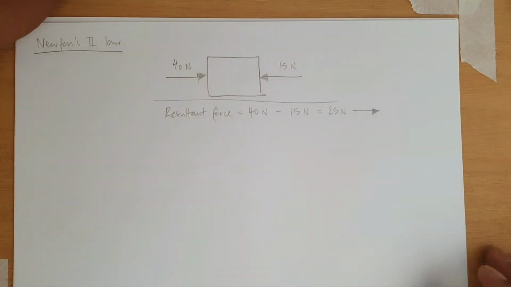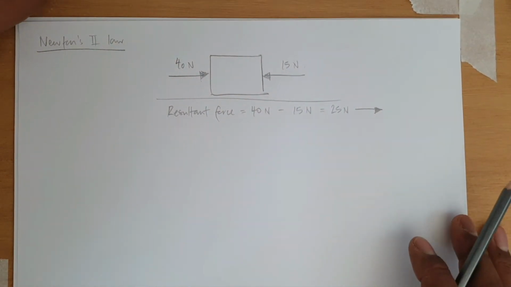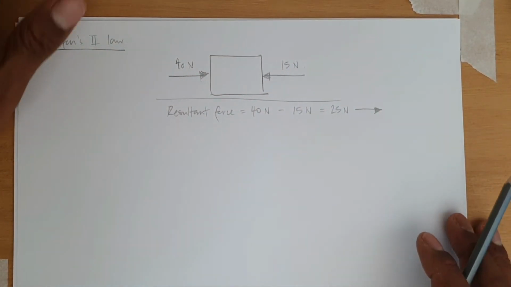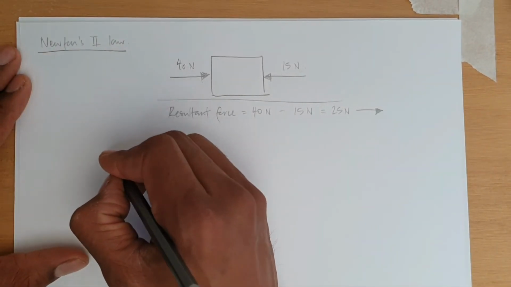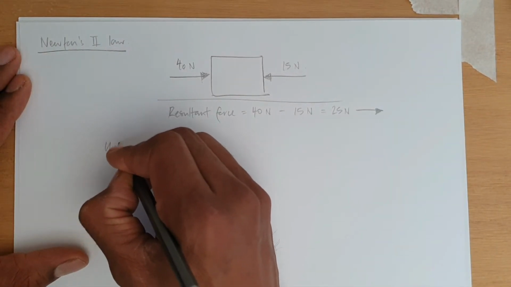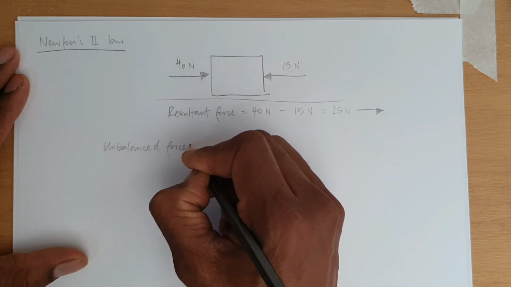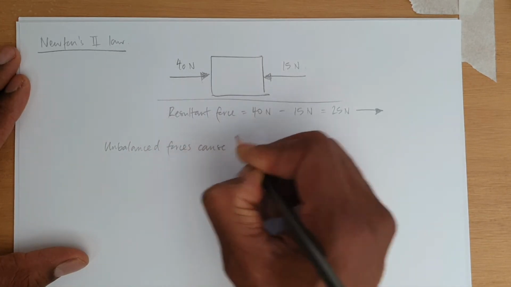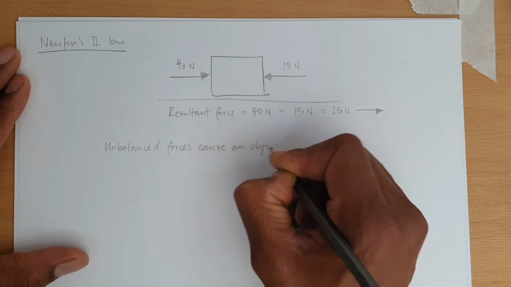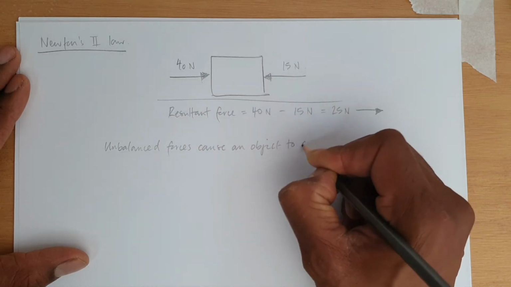Now, because there's an overall force on the object, we know that the object is going to change its motion, okay? So unbalanced forces cause an object to accelerate.